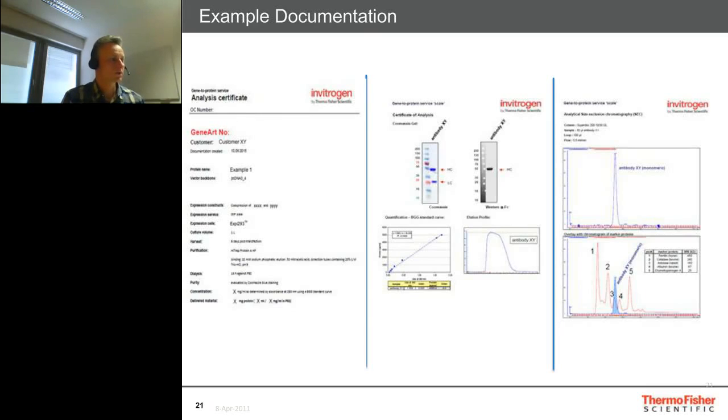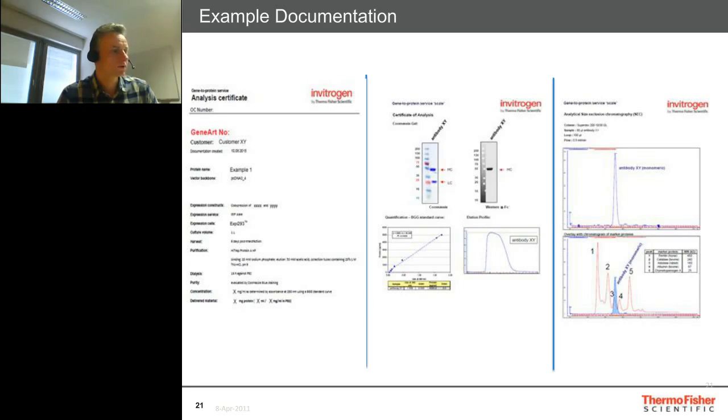This is an example of documentation. Not sure if you can see it, if it's large enough, but it will always have the full set of information: what cells we are using, what vector we are using, or it can be specified by you. The buffer that we deliver the protein in can also be specified by you. Then we have the standard documentation with a stained SDS-PAGE gel.